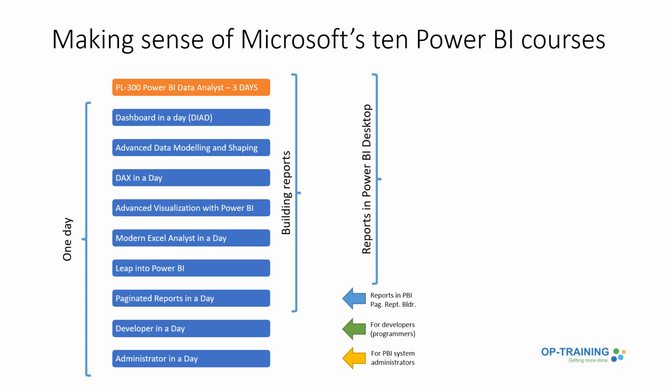sure that people all have Windows licenses and licenses to use Microsoft Office, and if they've got licenses to use Office, they've got the right applications installed on their computers. When an organization has decided to invest in Power BI, there is another level of administration that those people need to do, because they need to be able to decide who's got access to Power BI Desktop, who can publish to certain workspaces.